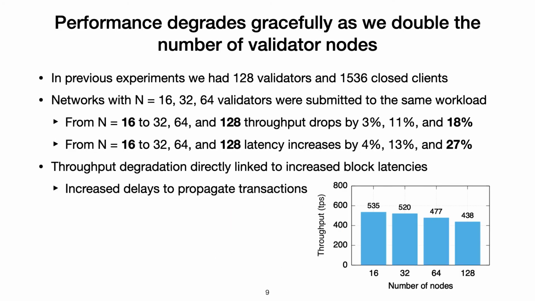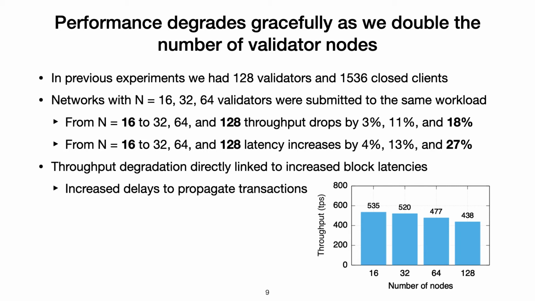In the previous experiments, we had 128 validators submitted to the reference workload of 136 clients. To study the scalability of Tendermint, we applied the same workload to smaller networks, namely with 16, 32, and 64 validators in order to compare the performance.